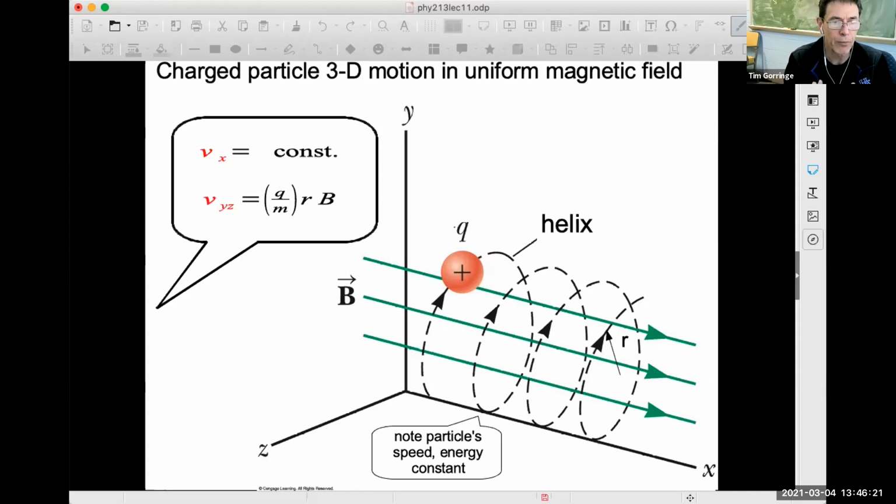That's the motion perpendicular to the field. And then that's superimposed on a motion that's parallel to the field, where the particle just glides along the field lines. And so you get this beautiful helical motion of moving charge particles in magnetic fields.